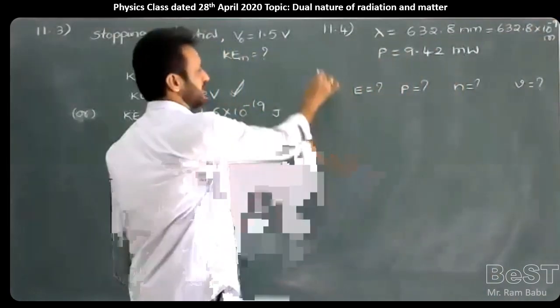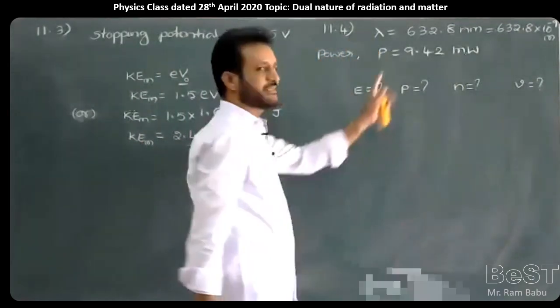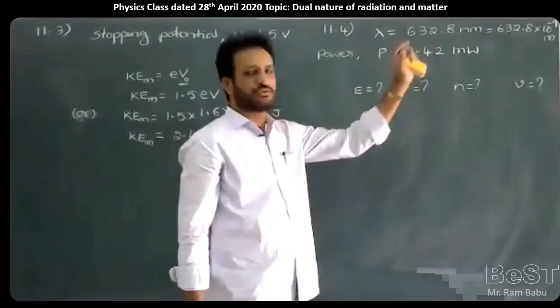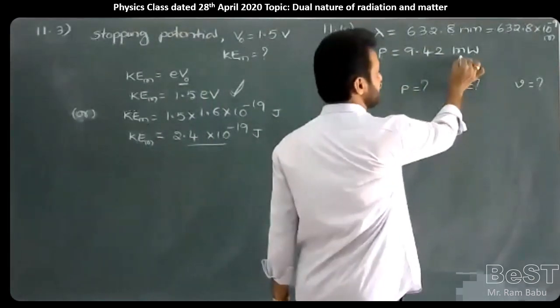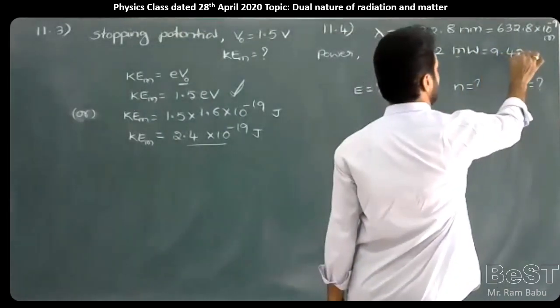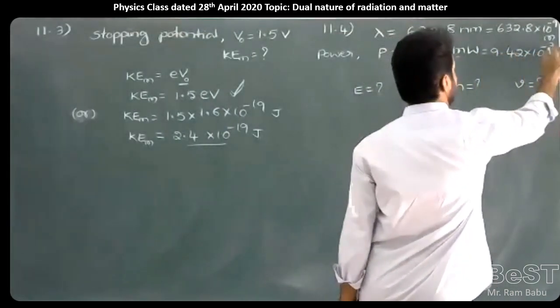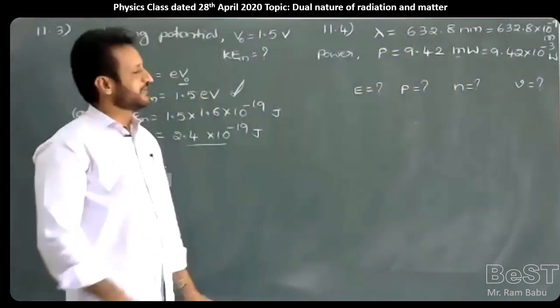Next, power P is equal to 9.42 milliwatt, the power of the helium neon laser. 1 milli is 10 power minus 3, so that is 9.42 into 10 to the power of minus 3 watt.